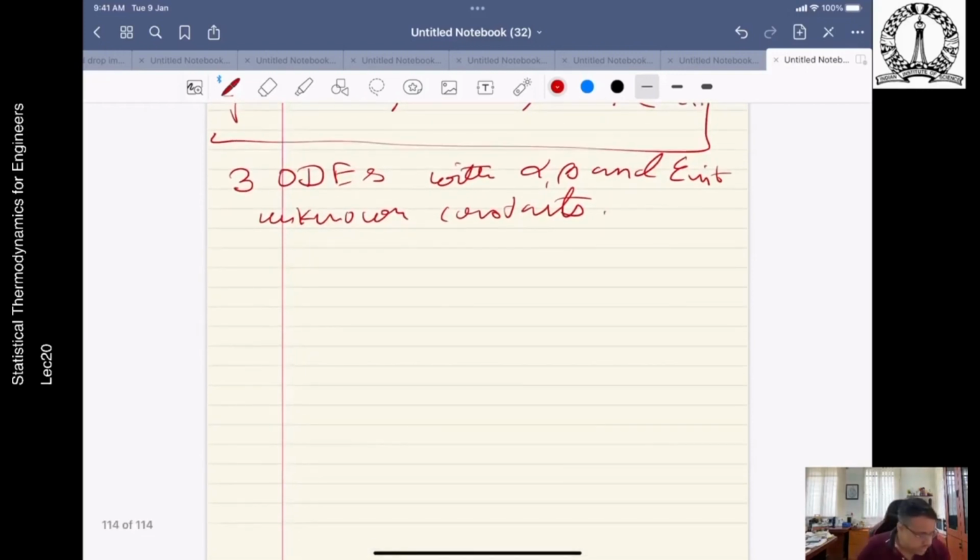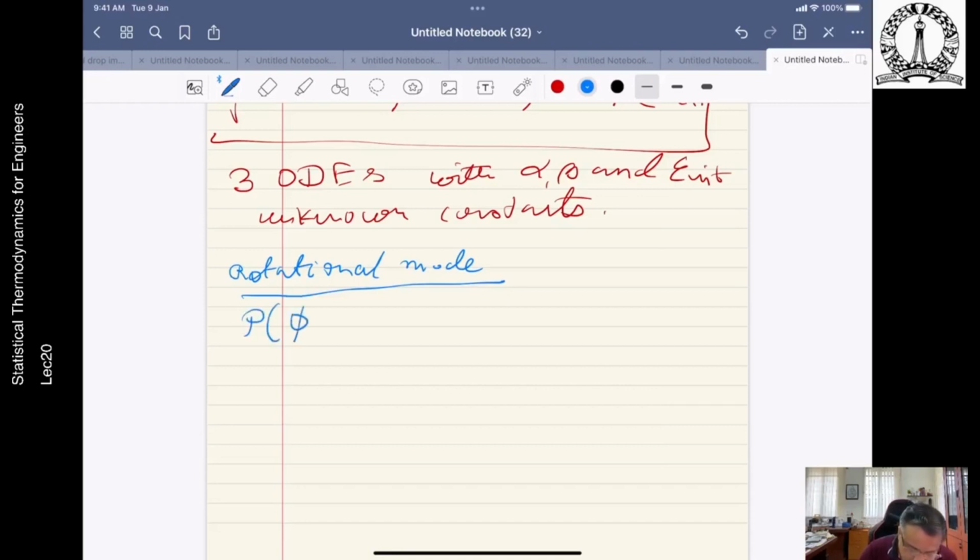Correct? So now let us focus on one by one what we can do with this. So first, let us take a look at the rotational mode, call that phi. So the solution to this actually lies in d squared P by d phi squared plus beta P is equal to 0.